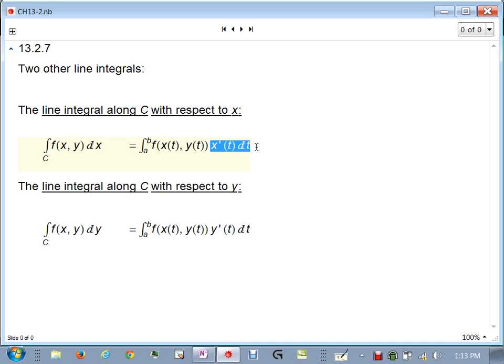What was that part last class? It was the square root of the derivative of x squared plus the derivative of y squared. Instead of that, it's just the derivative of x with respect to t. Right, so that's the line integral along C with respect to x. And then you have something similar, the line integral along C with respect to y. All you do is replace this right here with y prime.